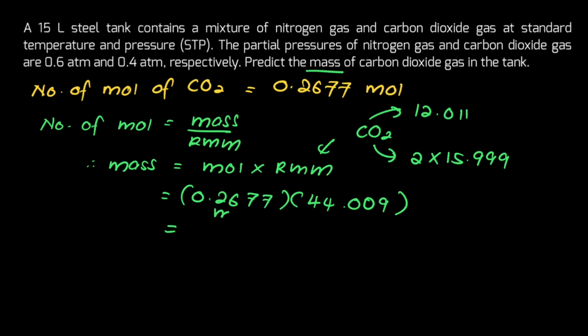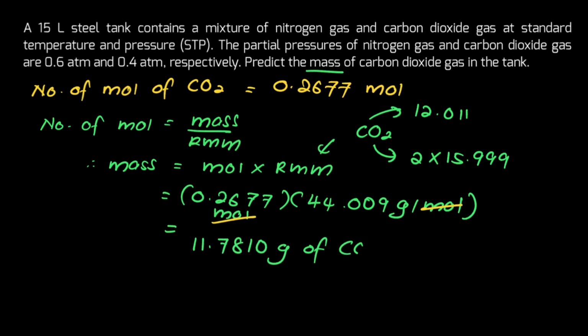This one is mole and this one should be gram per mole. So you can cancel the units out and you will get the mass equivalent to 11.7810 gram of carbon dioxide. So this is the final answer for this question.